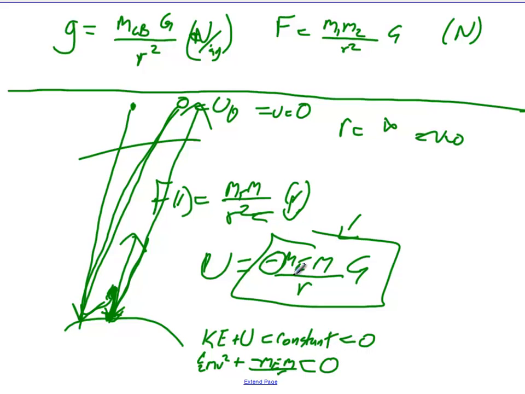And so we can see that the escape velocity, or the velocity required to get something out of Earth's gravitational field, is given by the square root of 2 times G times the mass of the Earth, divided by r. We've got to move the half over and square root it. This is what's called escape velocity.